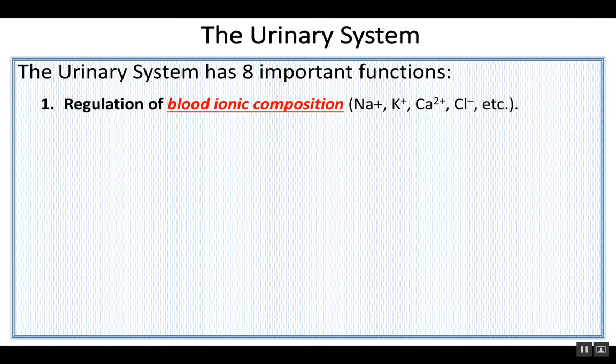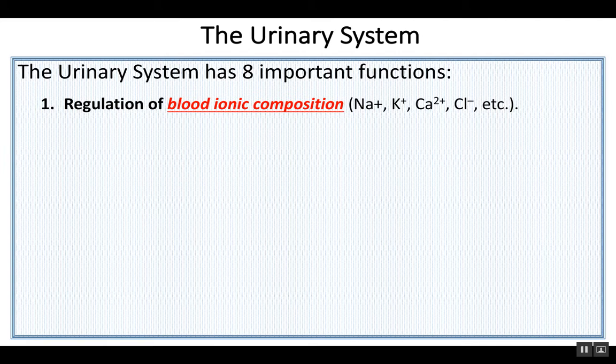First one is regulation of blood ionic composition. So the kidneys will get rid of, yes, any excess ions. But if you're low in certain ions, it will retain them. So I like to think of the kidneys as kind of a gatekeeper.